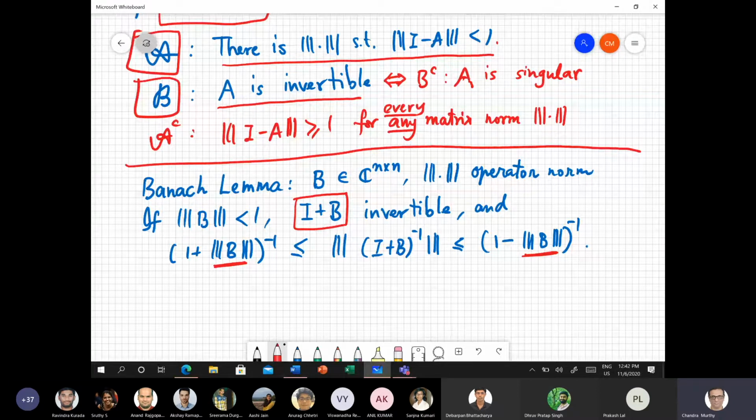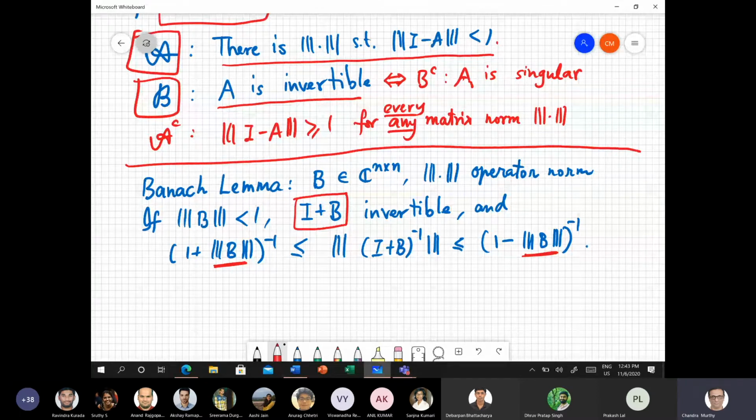Now, where it will make a difference is, for example, if A were a random matrix, then you would be associating a probability with which this event will happen. You will say norm of I minus A is greater than or equal to 1 with probability greater than 1 minus epsilon or something like that. In those kind of contexts, there is a difference between saying any and every.